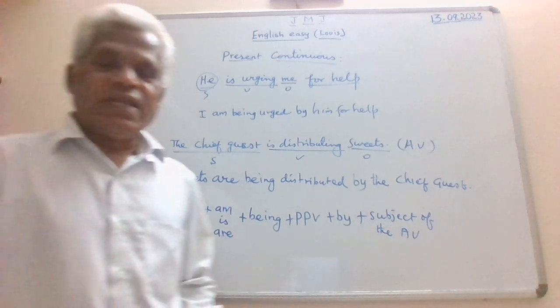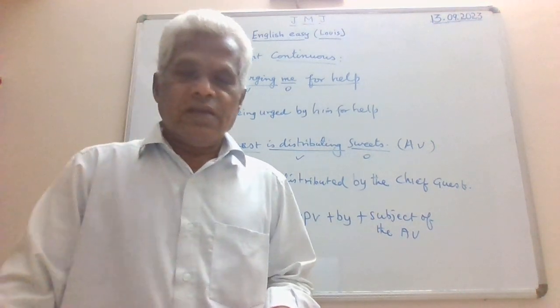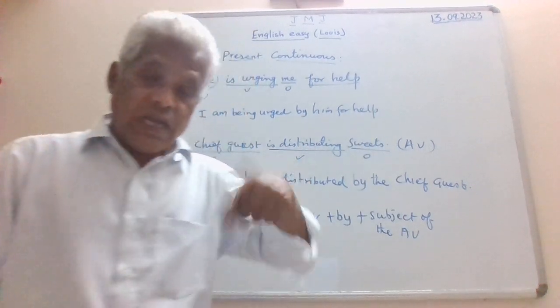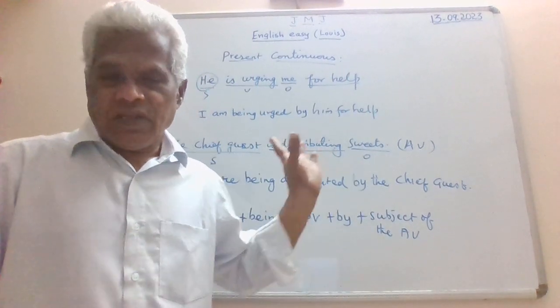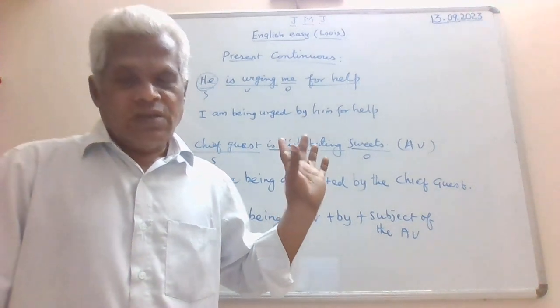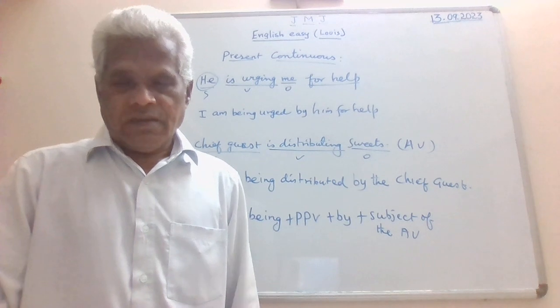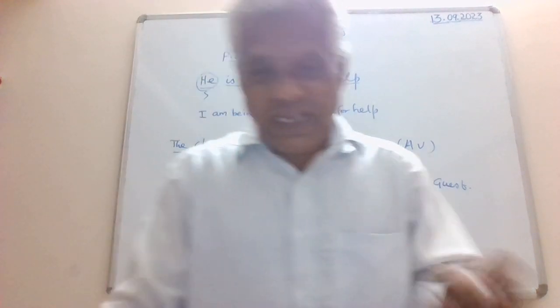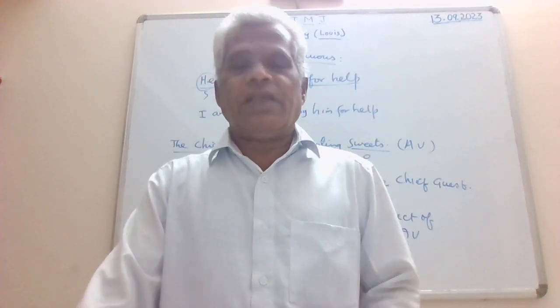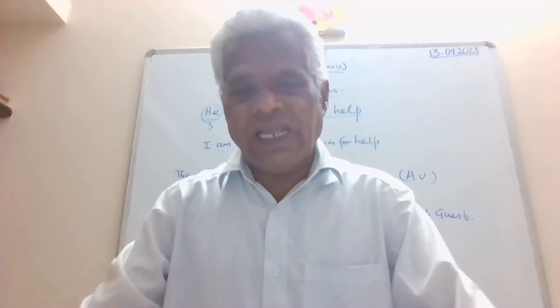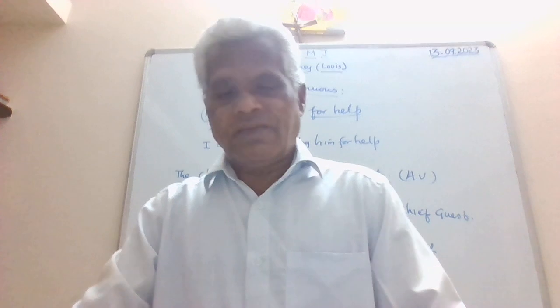What is the sentence that we used to write earlier? I write a letter, I wrote a letter, I will write a letter in future tense. Now for the present continuous, what would be the same sentence? I am writing a letter. A letter is being written by me. And we are writing a letter. A letter is being written by us.